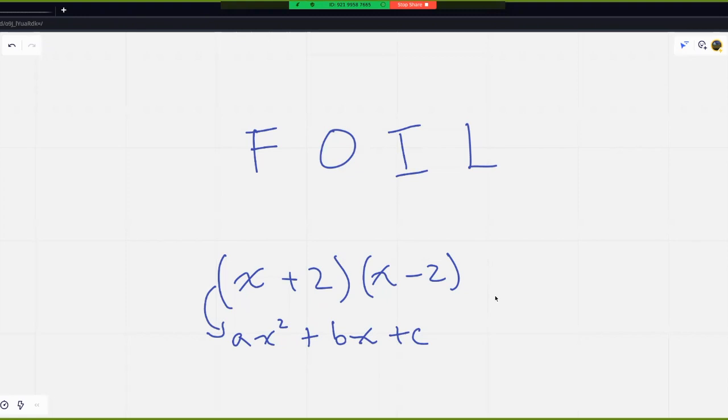Well, we use FOIL. What does FOIL actually stand for? What does it mean? How do we use it? Well, what it stands for is first, outside, zoom in here, inside, it's a little messy there, and last.